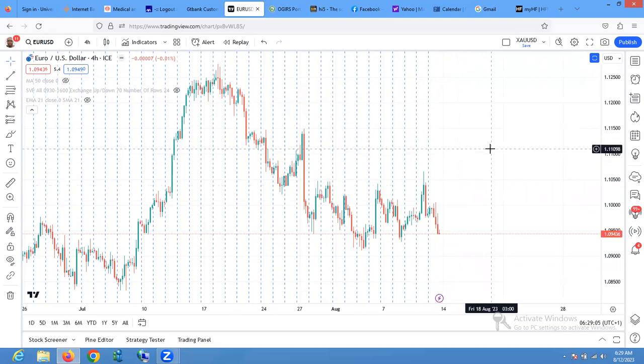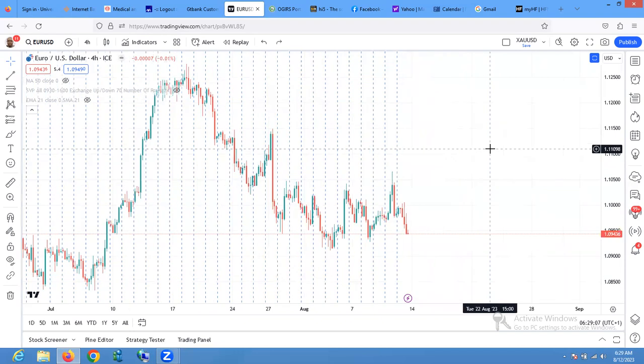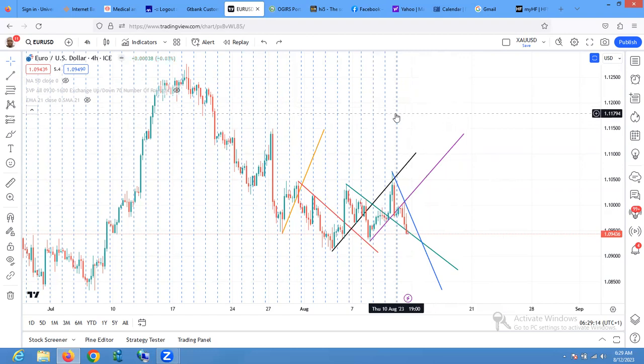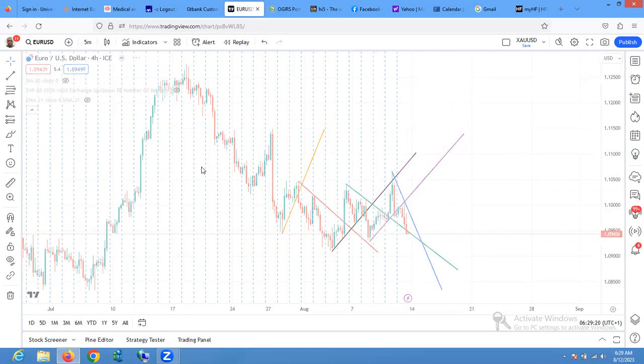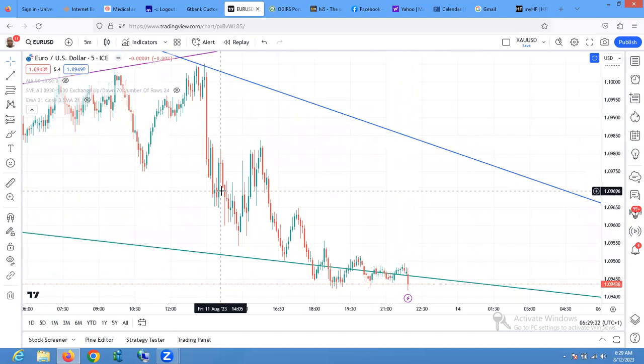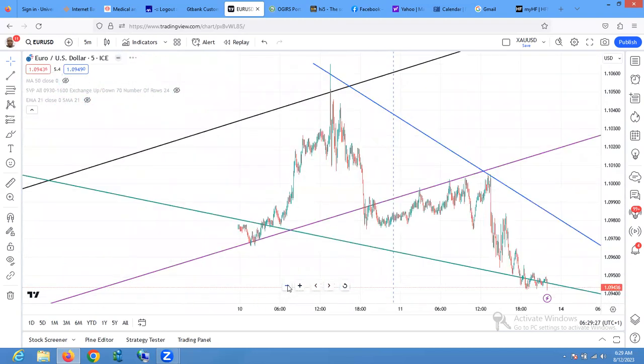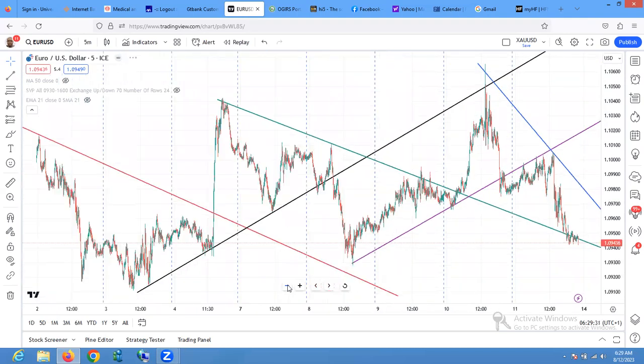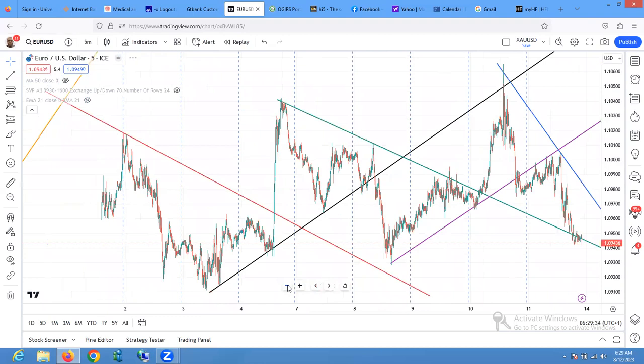In trying to see structure break, maybe I should still bring all those things back. Let me try and bring those things back and try for you to see what structure break is on the 5 minutes time frame. I want you to see something, so that's why I'm doing all of this. Though the lines will be too much, at least it will still be worth it.